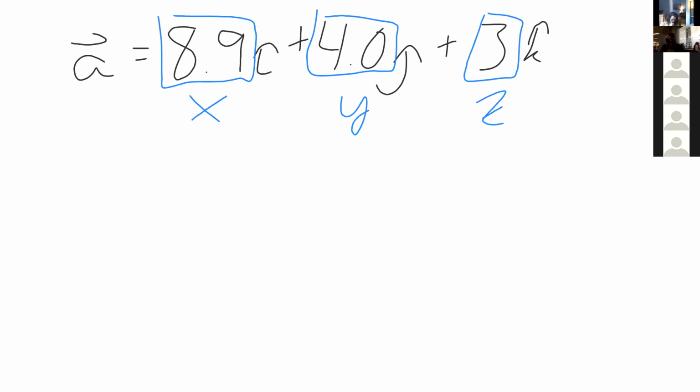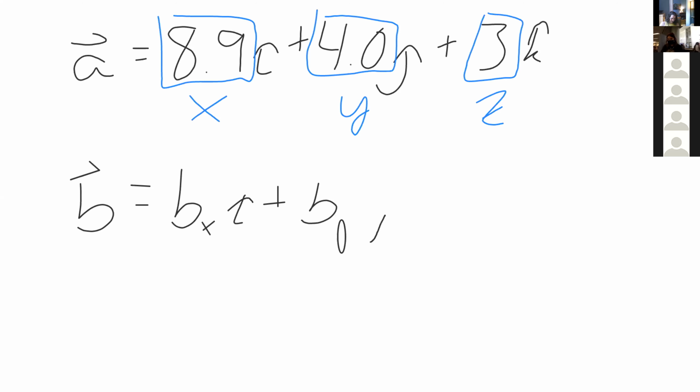If you have two vectors, say, this one, I have my A vector here, and I could have another vector B. You probably don't need to write this down, but it would be something like bx i hat plus by j hat plus bz k hat, and allowing the first vector to be ax, ay, az.